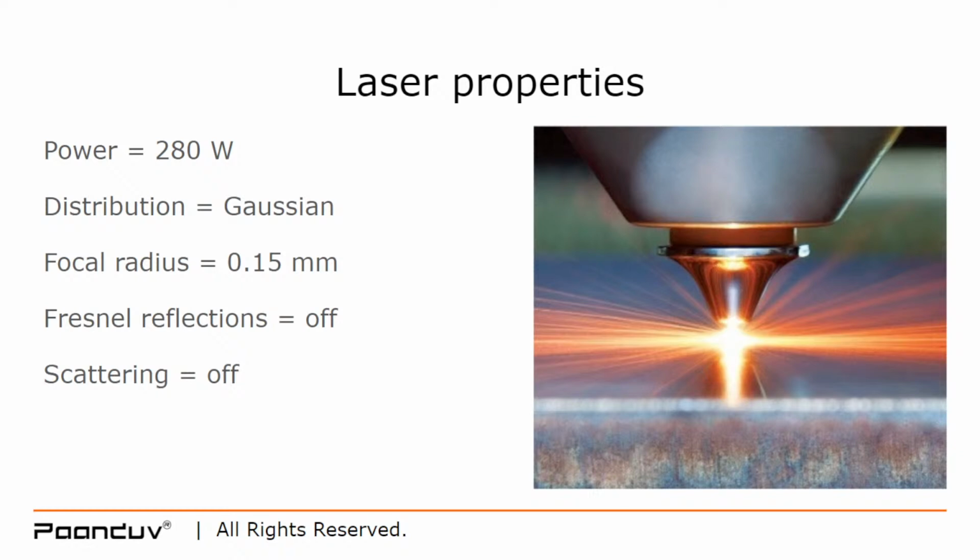And then we have turned on the Fresnel reflections and scattering for this case study. There is an option to activate these in OpenFOAM, and that will give slightly different depth of penetration in the melt pools.